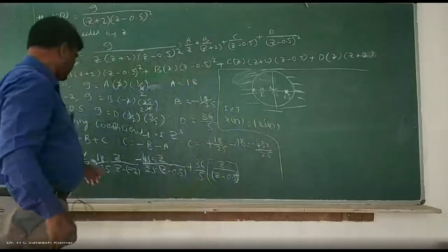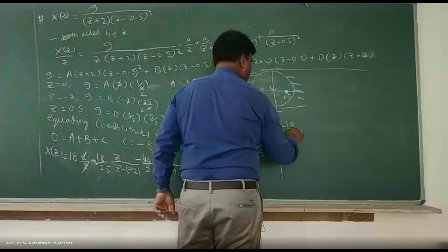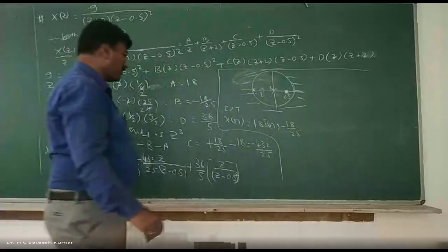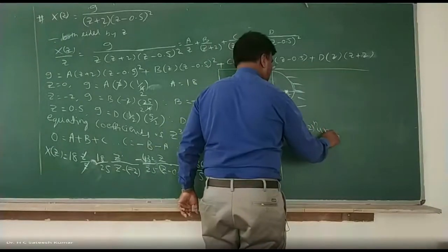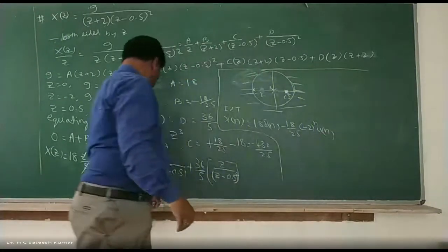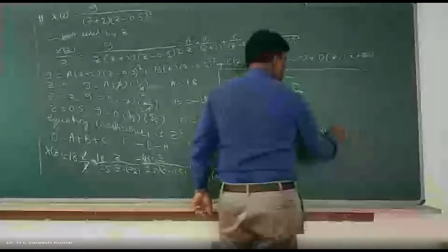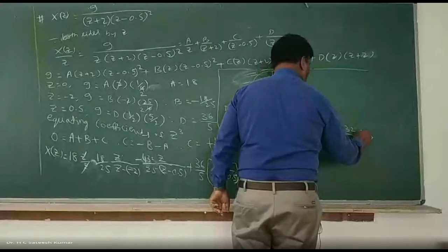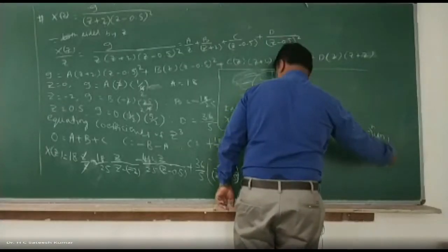And next, minus 18 by 25, into z divided by z minus a, which is a power n into u of n, so minus 2 power n into u of n. And next, minus 432 divided by 25 into 0.5 to the power of n into u of n.